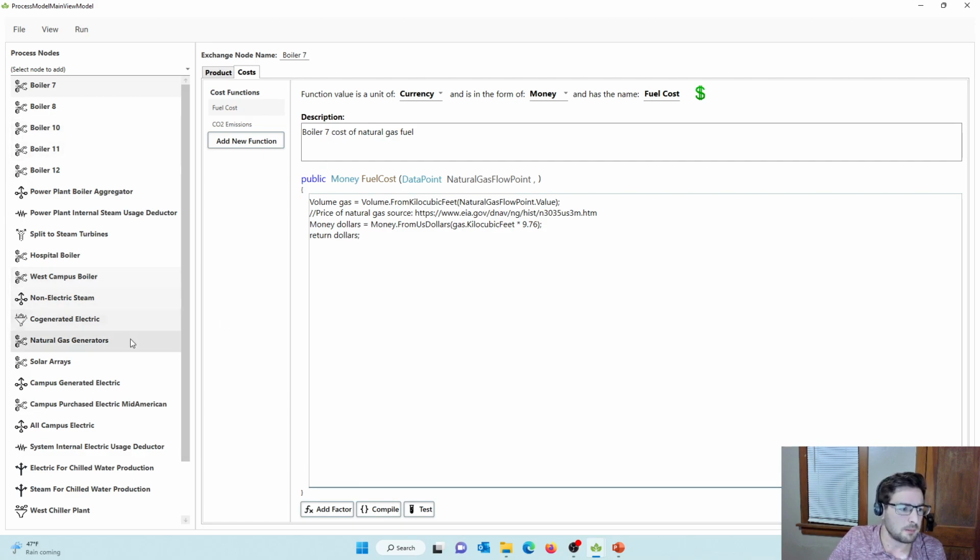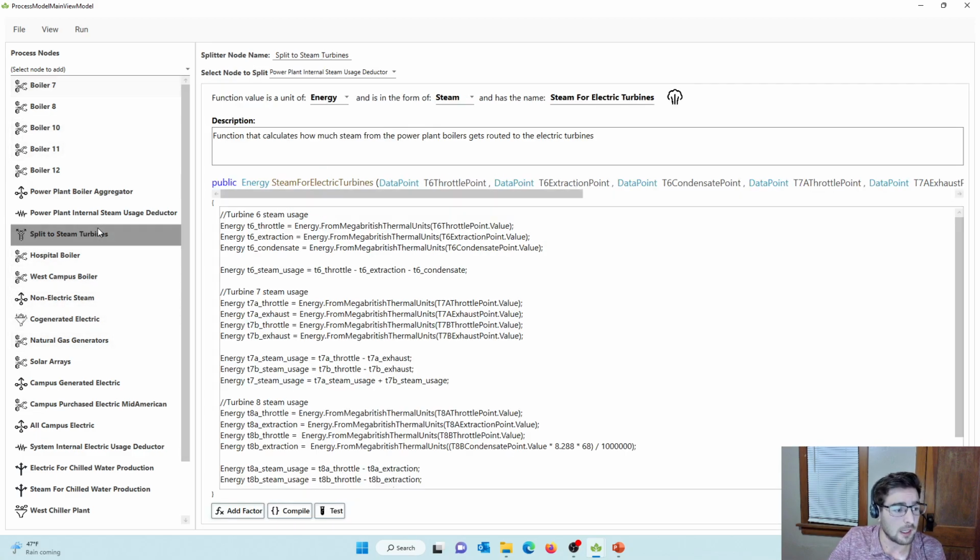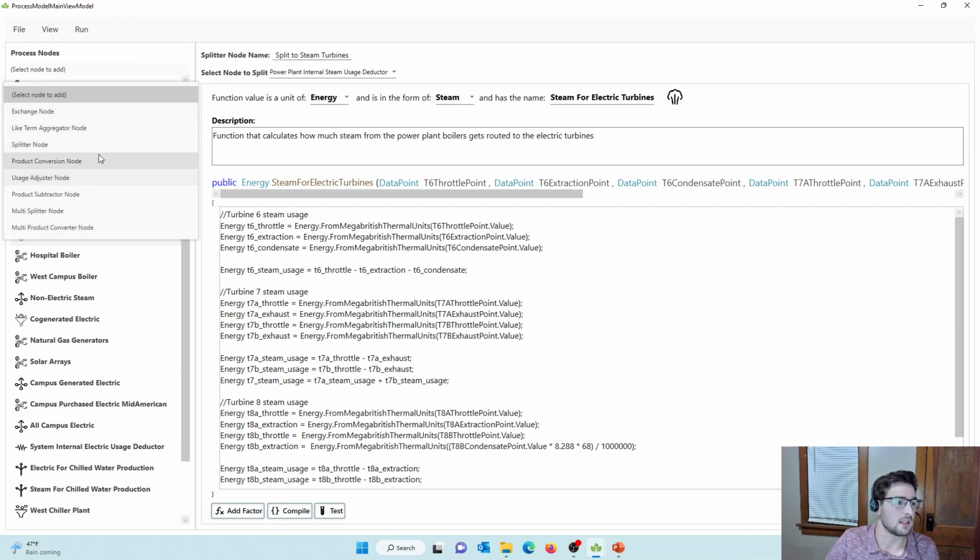Okay, so that's on the simple end. On the more complicated end, we have a node that represents how much steam is going to our electric turbines for co-generated electric, and so this is categorized as a splitter node here, right?